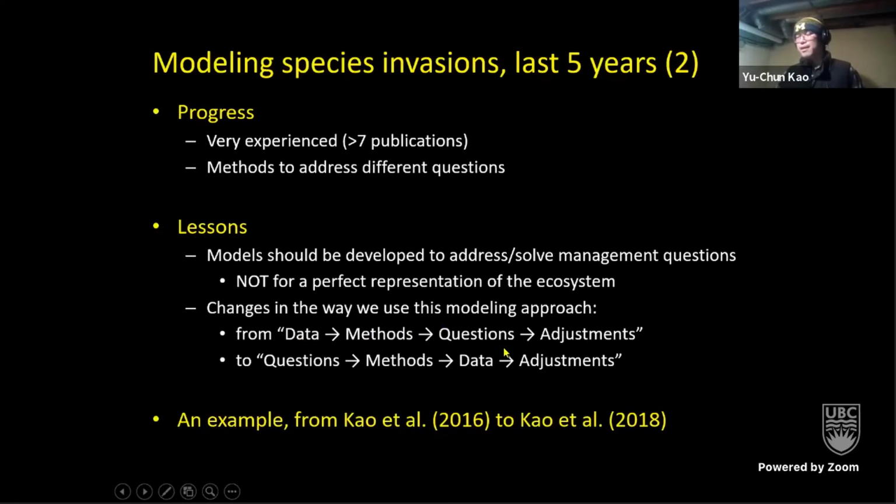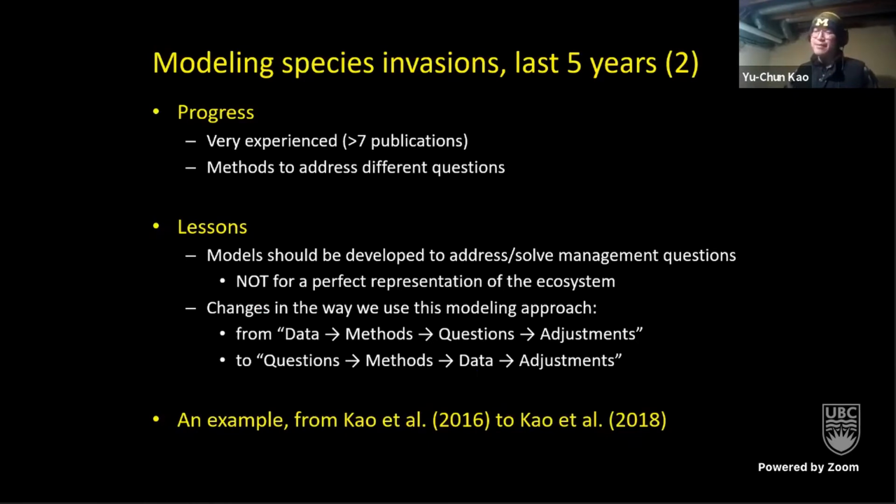Then we started to think about how to address these questions. Now if you ask me, I would say, what's the question you want to answer? Do we really need to build such a complicated model? And do we need to use all of our data? This is a lesson learned here.